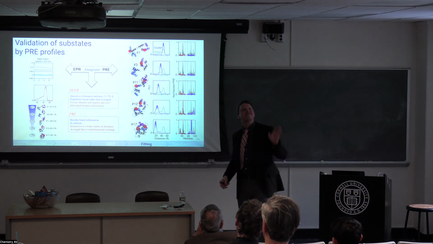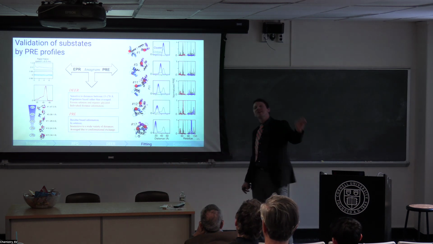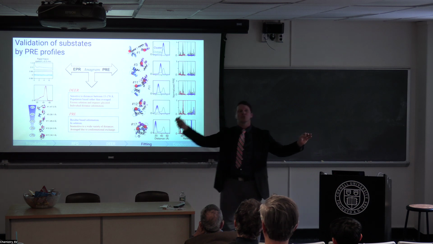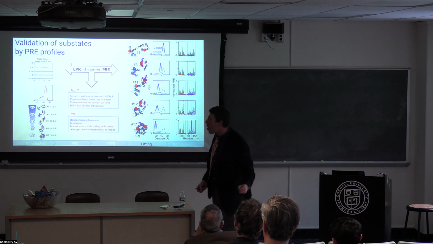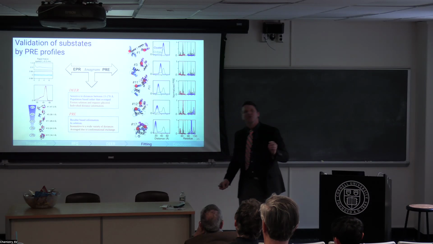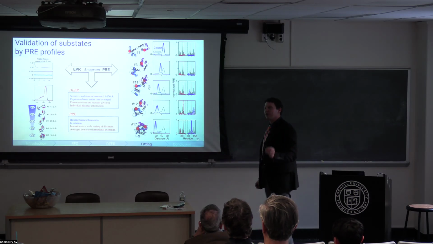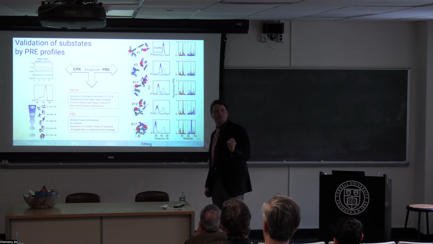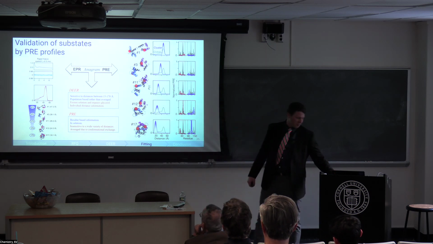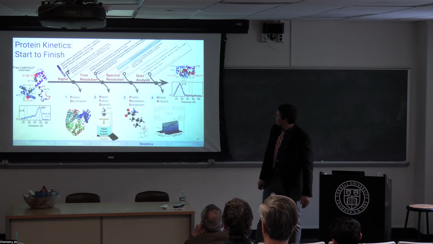Two biophysically very different methods, one in a frozen state, one in a solution state, both with their own flaws. But both of them together ultimately could capture the entire ensemble of calmodulin as placed in the native condition.